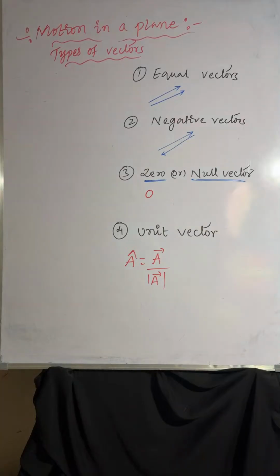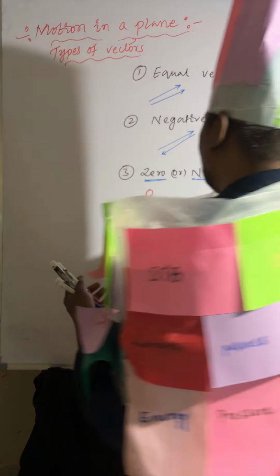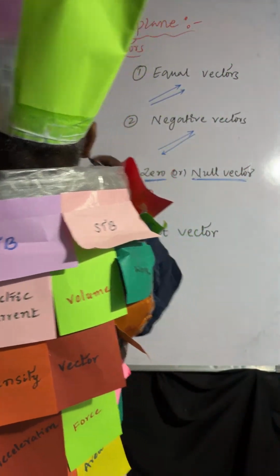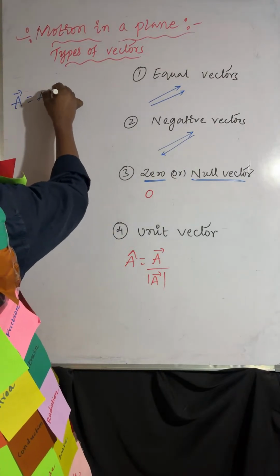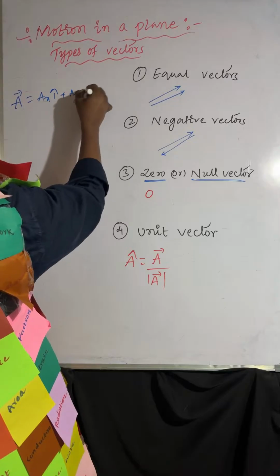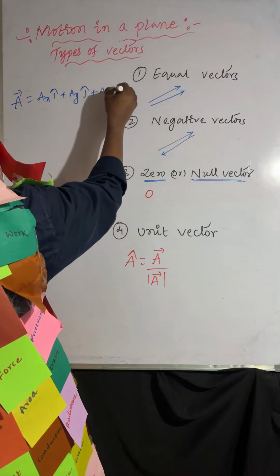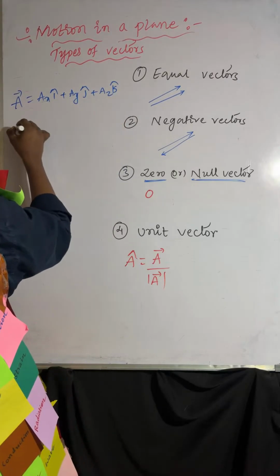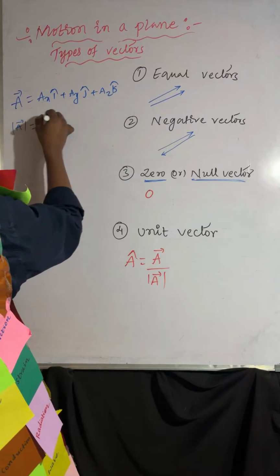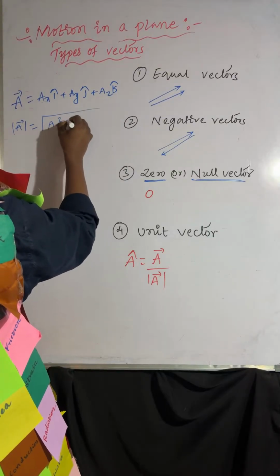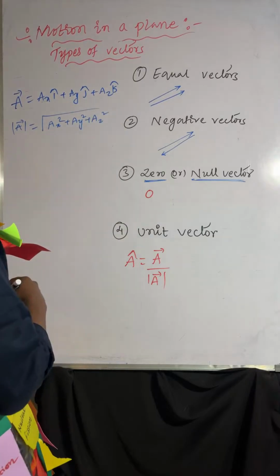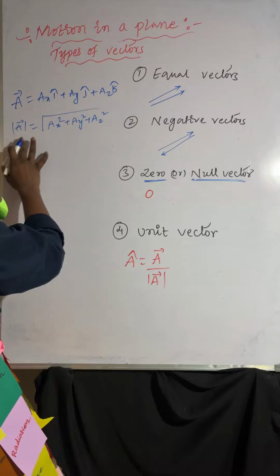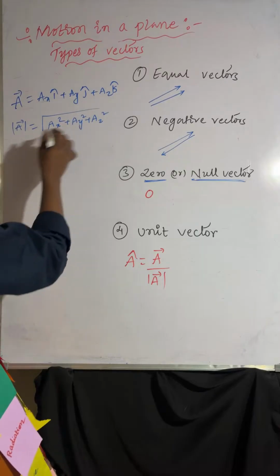Yes. So here I'll give an example for unit vector. I'm taking A bar equal to Ax i cap plus Ay j cap plus Az k cap. Then mod A bar equal to root over Ax square plus Ay square plus Az square.